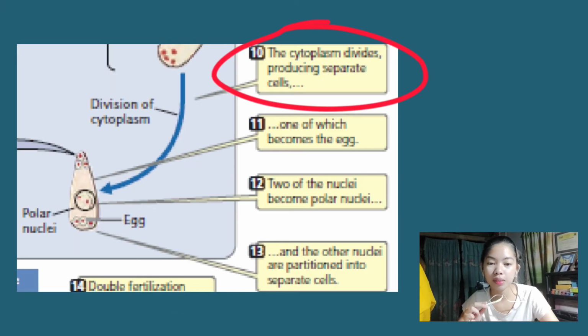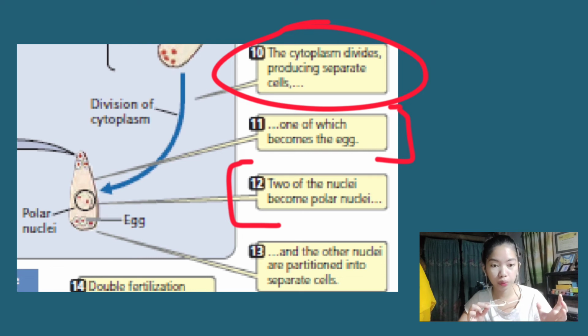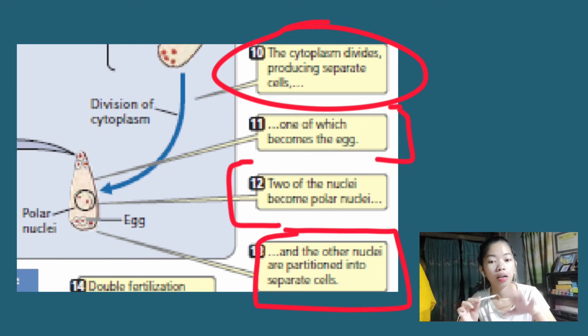The cytoplasm divides, producing separate cells. Two of the nuclei become polar nuclei, and the other nuclei are partitioned into separate cells. One of the haploid nuclei becomes the egg. So now we have the pollen made inside the anther, and the eggs are ready inside the ovule.